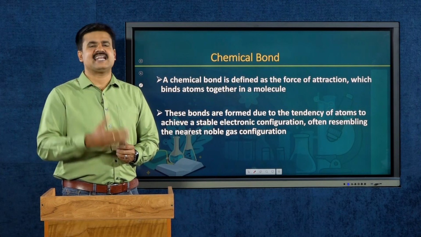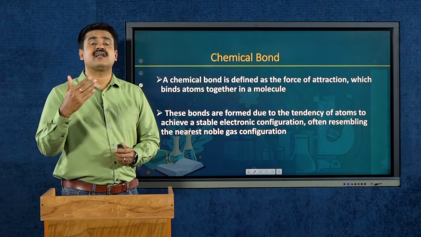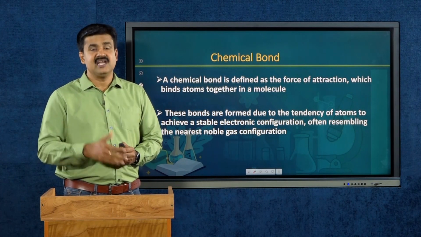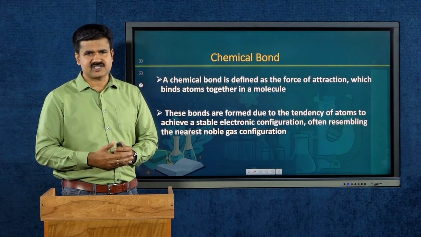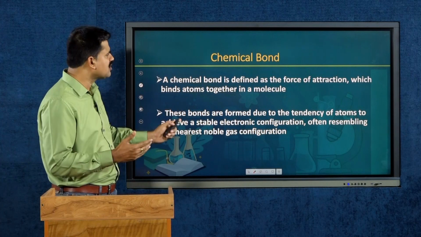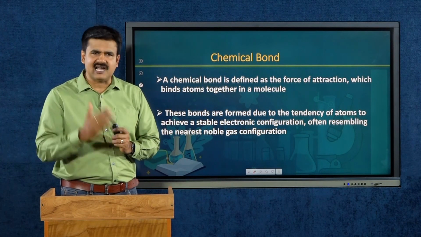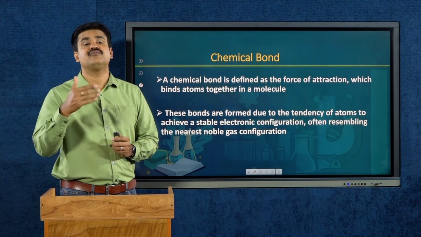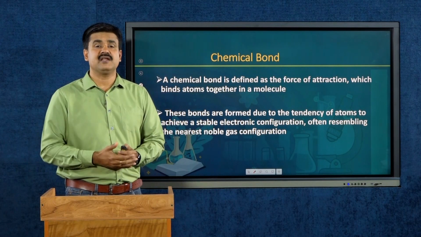Now the question arises, why do elements undergo chemical bond formation? The simple answer is: elements will undergo chemical bond formation in order to attain stability. That is, the bonds are formed due to the tendency of atoms to achieve stable electronic configuration, often resembling the nearest noble gas configuration.